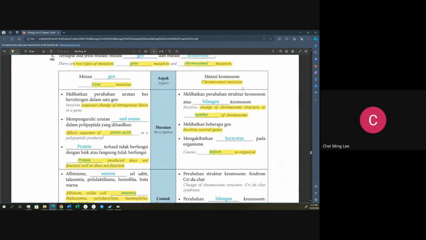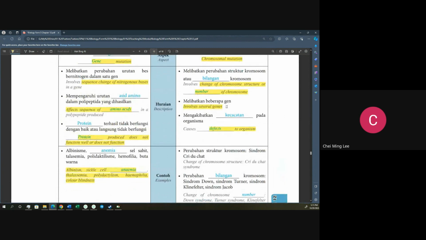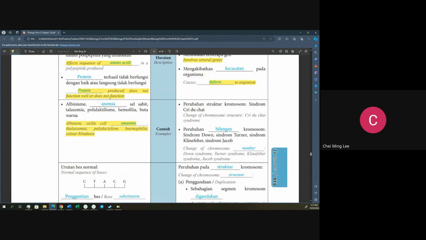While for chromosomal mutation, okay. Oh yeah, I forgot to tell you what thalassemia is. In Chinese we call it 地中海贫血症. In English, thalassemia is actually a blood disease where your blood doesn't have enough hemoglobin.